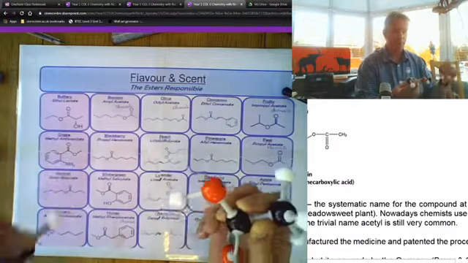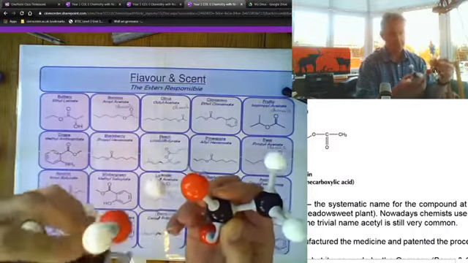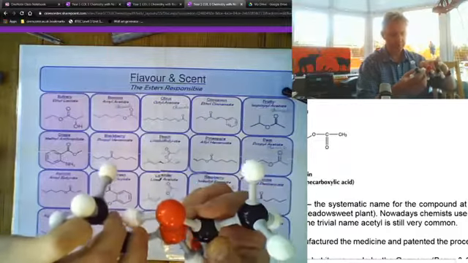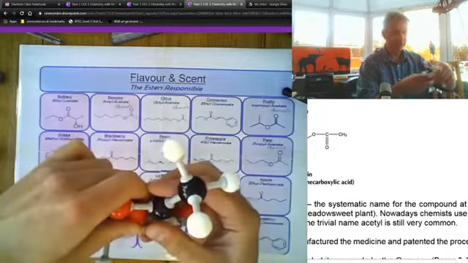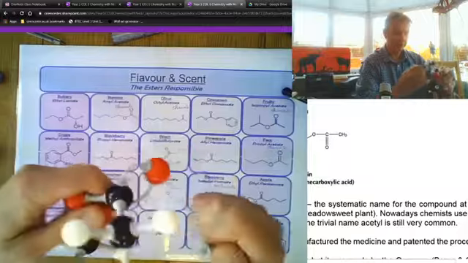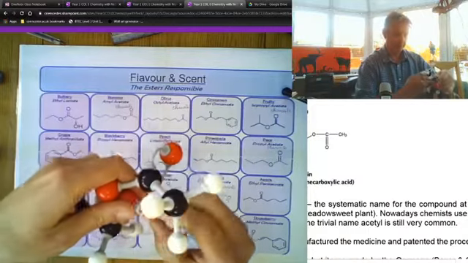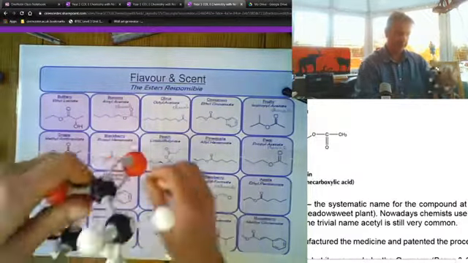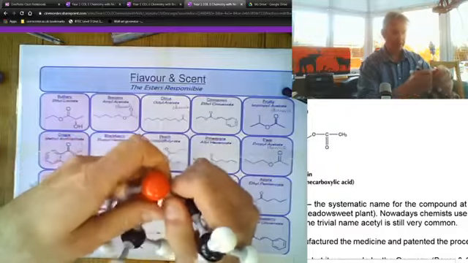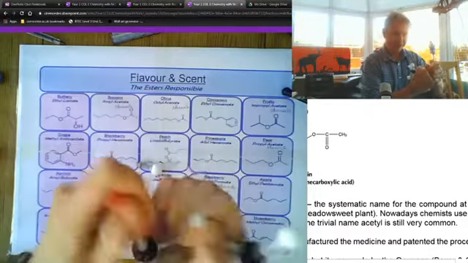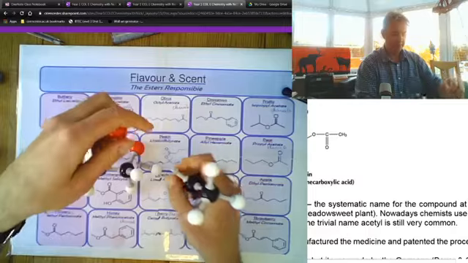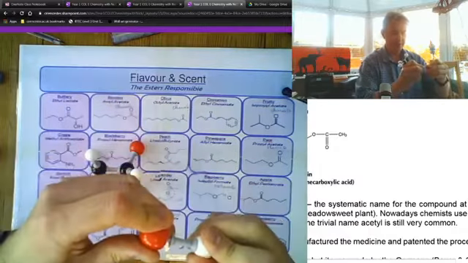So this is the one that's going to be attacked. So what happens is that this nucleophile comes in and wants to attack here. Now the hydrogen on the alcohol will come off, and the OH on here will come off. That means we're going to make water.